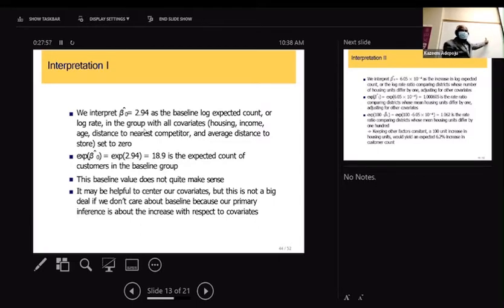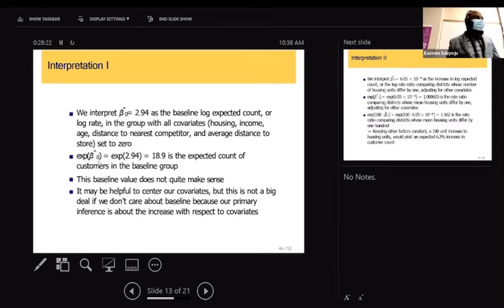And how can I get expected count? I'm going to do exponentiation. Removing the log, I do the exponentiation, and that is what you're seeing here. If I do the exponentiation of beta naught, then that will give me the expected count. It means I'm moving from the log expected count to the expected count.